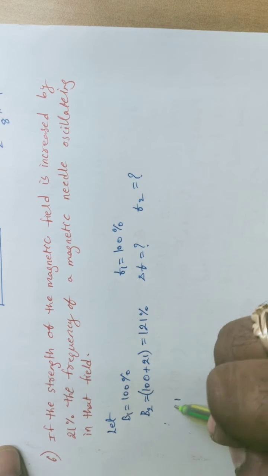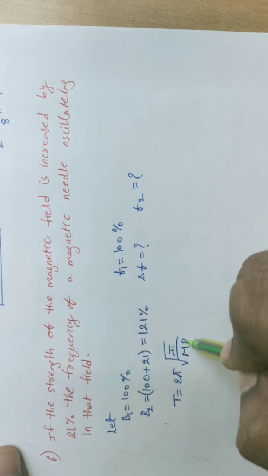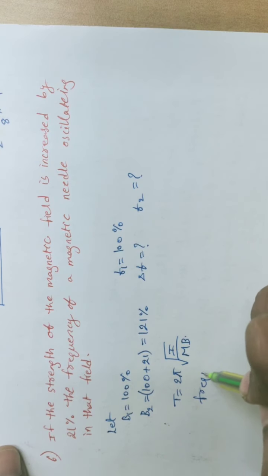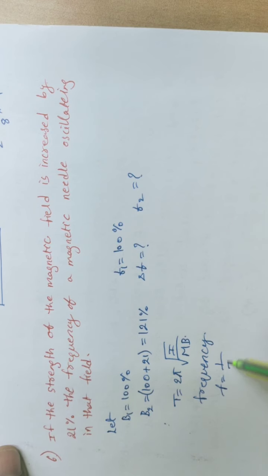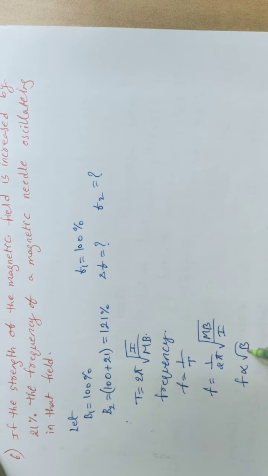So recall, we know T is equal to 2 pi root over I divided by MB. Therefore frequency, we know F is equal to the reciprocal of time period. Therefore F is equal to 1 by 2 pi root MB divided by I. Is it clear students? Therefore F is proportional to root B only.